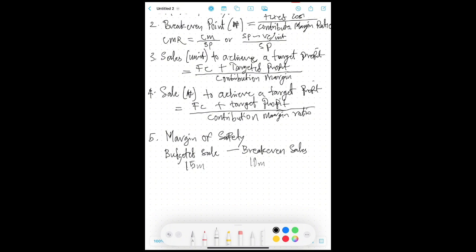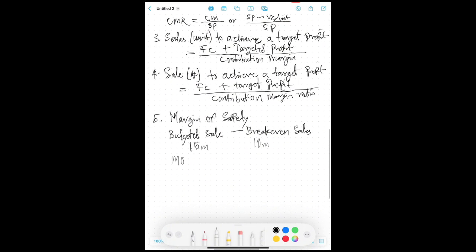Whether in value or in units, the difference here is 5 million. So your margin of safety is equal to 15 million minus 10 million, which equals 5 million. This is in absolute terms.